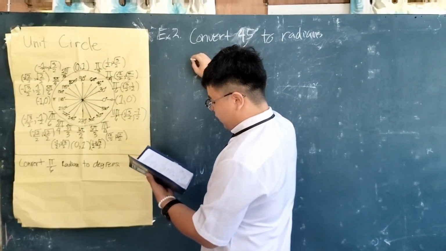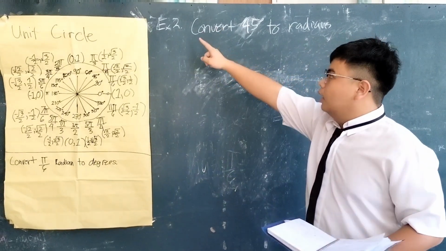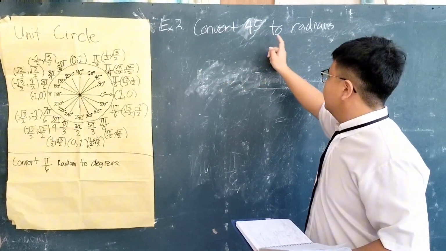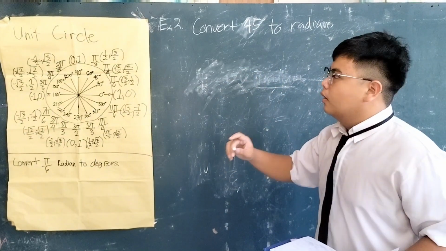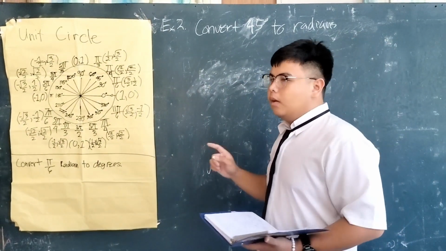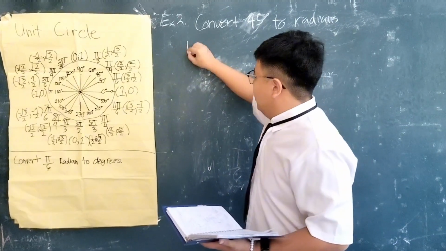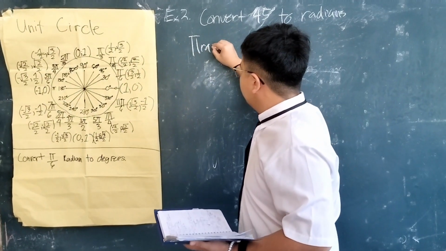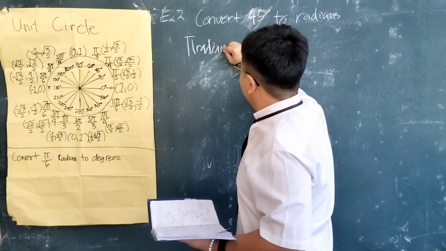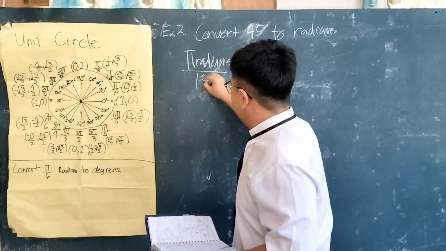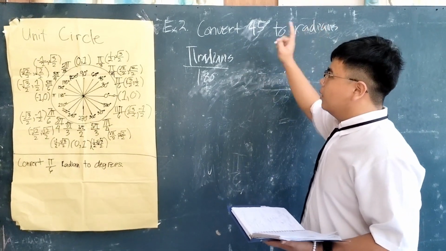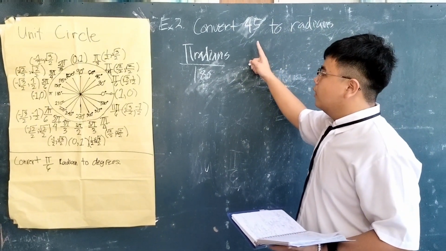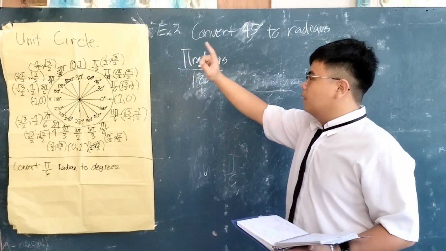Problem number 2 is to convert 45 degrees to radians. The first step is the formula we'll be using, pi radian over 180. We need to multiply the given number by this.